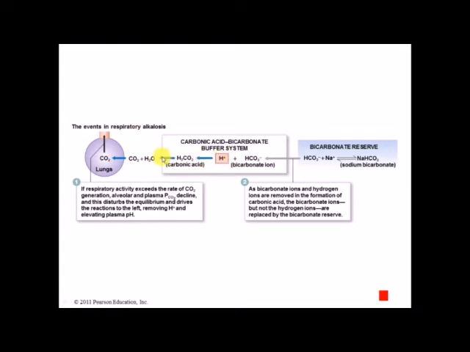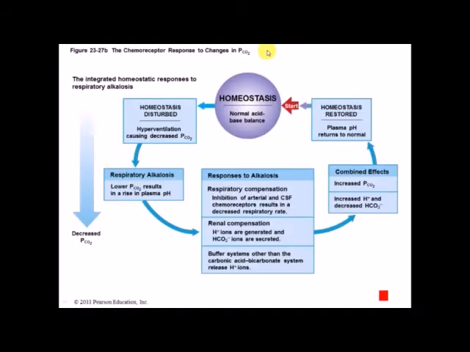So we're releasing too much CO2 and water, so we're losing hydrogen ions. So it's coming out of the reserves, combining with the bicarbonate to form carbonic acid, and we're losing too much. So this is homeostasis. So hyperventilation would cause decreased PCO2, and we'd have respiratory alkalosis. So we're going to slow down our breathing.